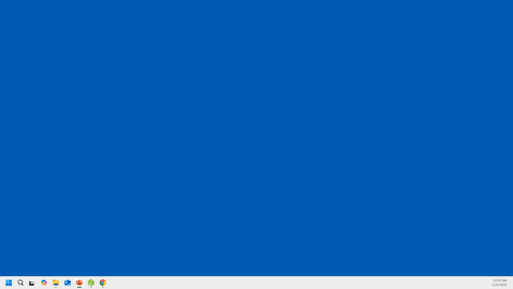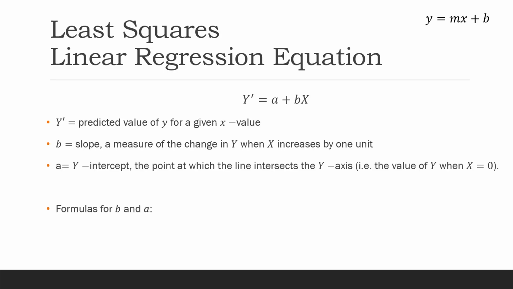and I'm going to make a slight correction to match your textbook so that we won't be so confusing here. Our slope is given by this sample correlation coefficient times the ratio of the standard deviation for your y variable divided by the standard deviation of your x variable.